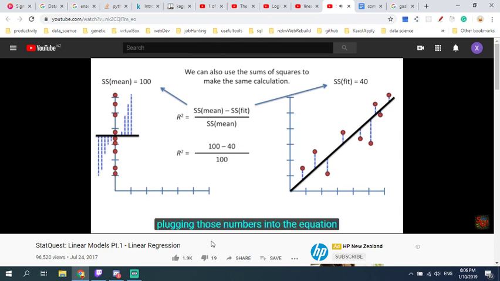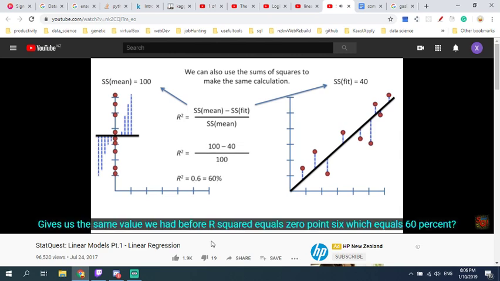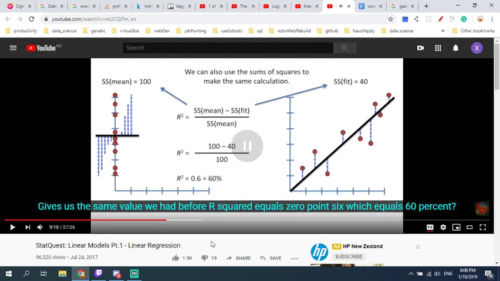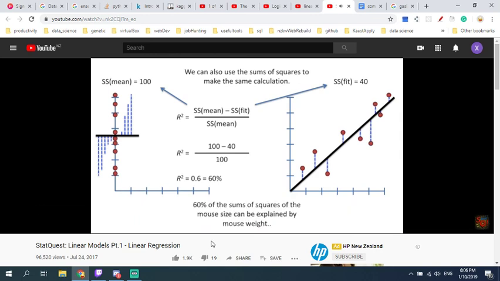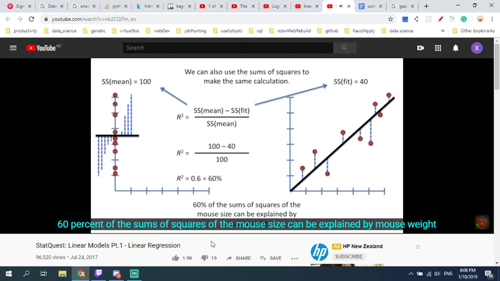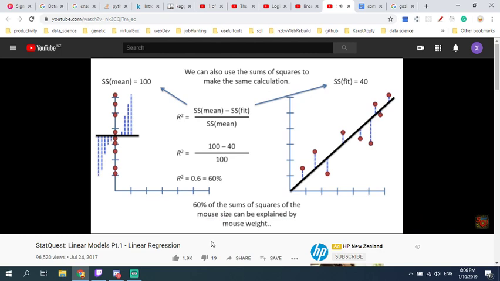Plugging those numbers into the equation gives us the same value we had before. R squared equals 0.6, which equals 60%. 60% of the sums of squares of the mouse size can be explained by mouse weight.